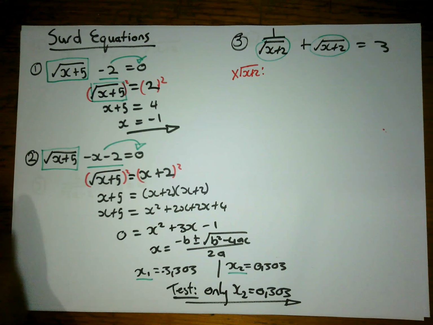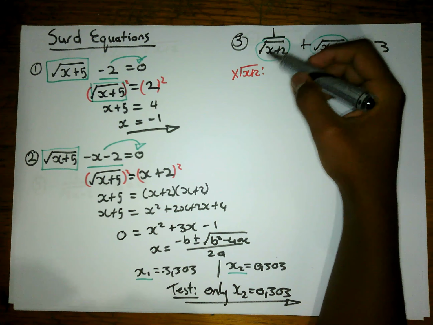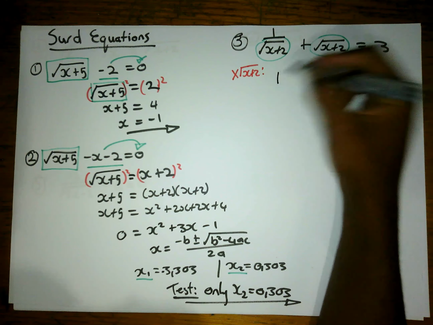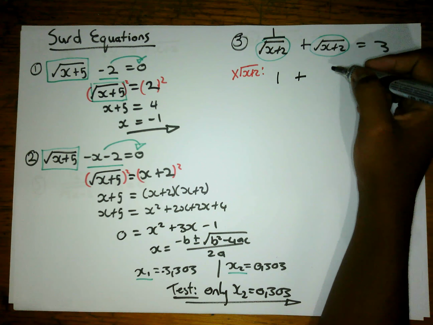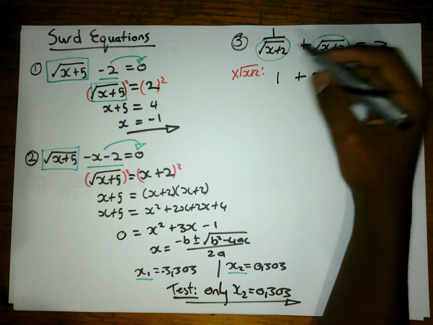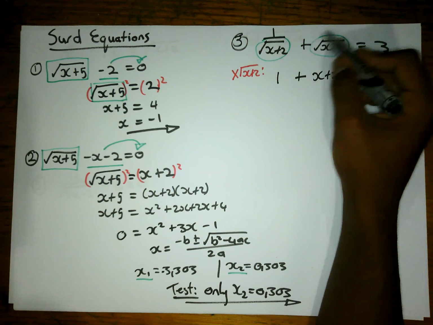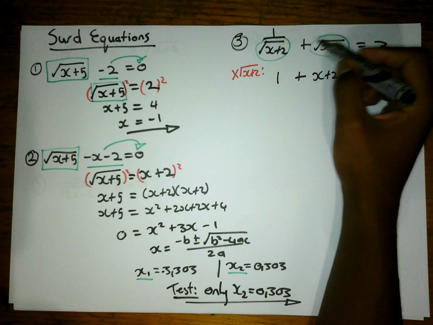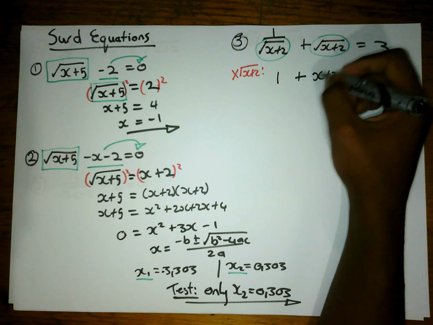So what does that mean? If we multiply the denominator with this fraction here, we are left with 1 plus x plus 2, because if we multiply the same square root with the same square root, the square root falls away and we're left with just the inside of the root.